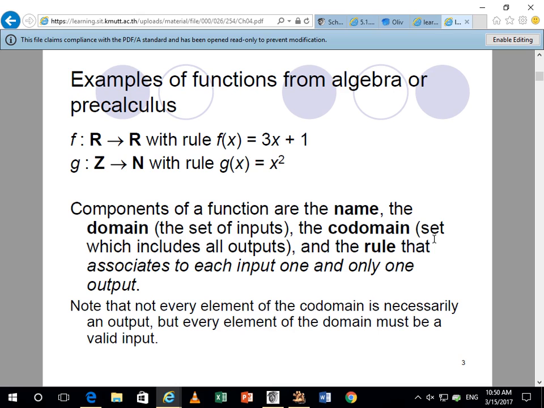Second example is for function g. In this case, we're mapping from the integer domain to what's n? Natural numbers domain.